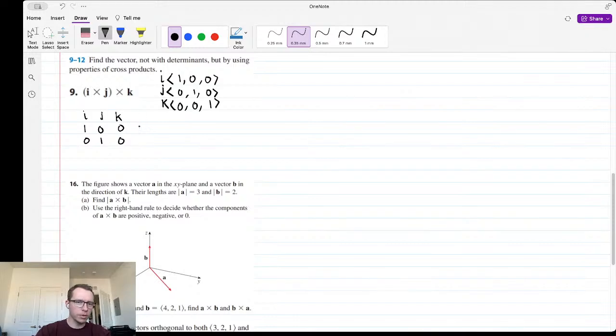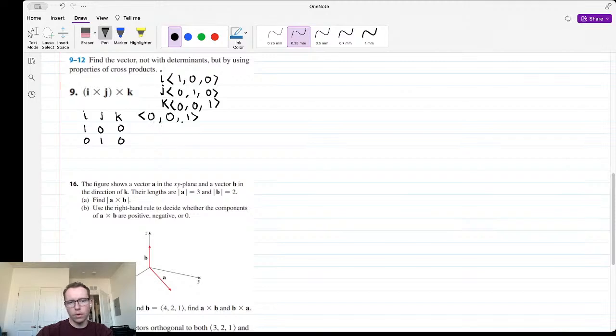And so the cross between those two becomes the vector i, which is 0 times 0 minus 1 times 0, so it's 0, comma, and then j, which is 1 times 0 minus 0 times 0, which is 0, comma, and then k, so it's 1 times 1 minus 0 times 0. So that's 1.